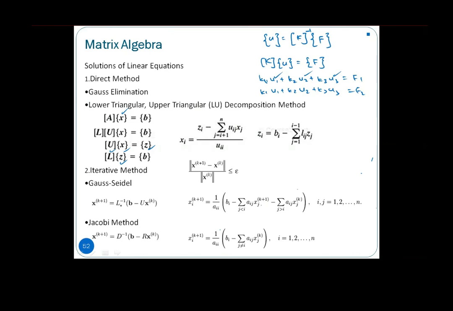So U1 is calculated using the U1, U2, U3 of the zeroth iteration. To calculate U2, because U1 has been calculated, you use the U1 of the first iteration, then the U2 and U3 of the zeroth iteration.